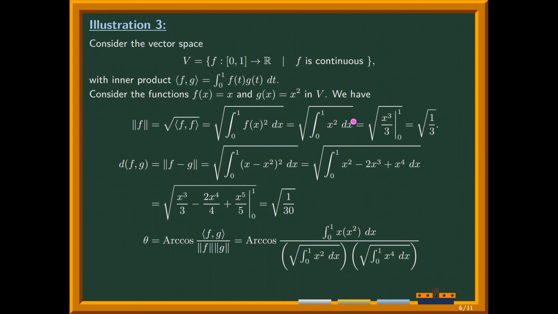Actually, it's the quantity that we solved here earlier, the length of f, and the length of g is obtained similarly. So we take the square root of the integral from 0 to 1 of g times g, so x to the 4th dx. And you can check that this quantity is equal to 1/4 divided by the square root of 1/3 multiplied by the square root of 1/5. Or the arc cosine of square root of 15/4.